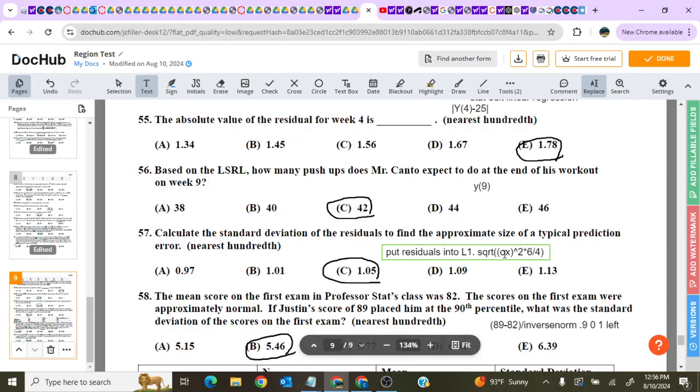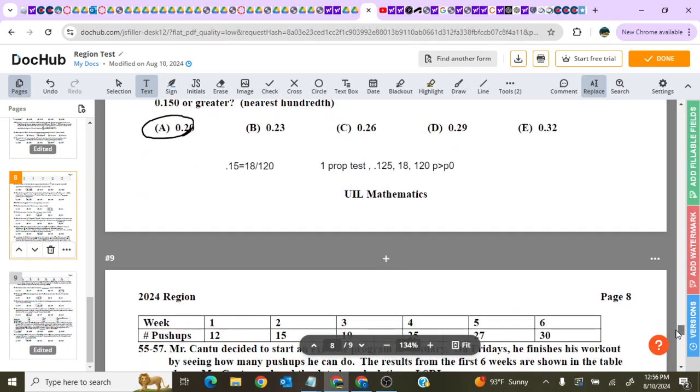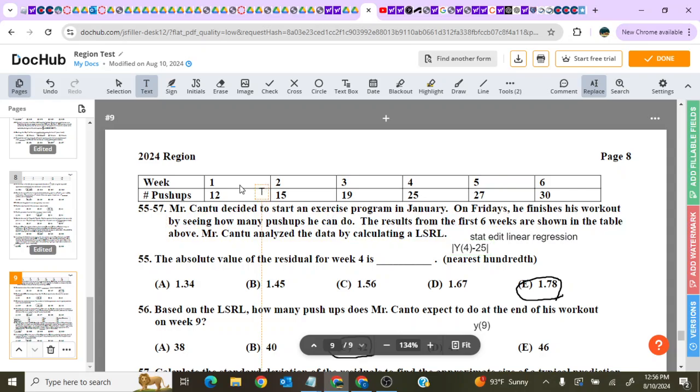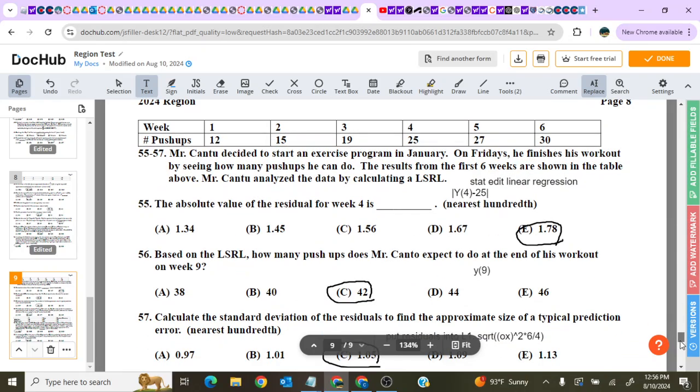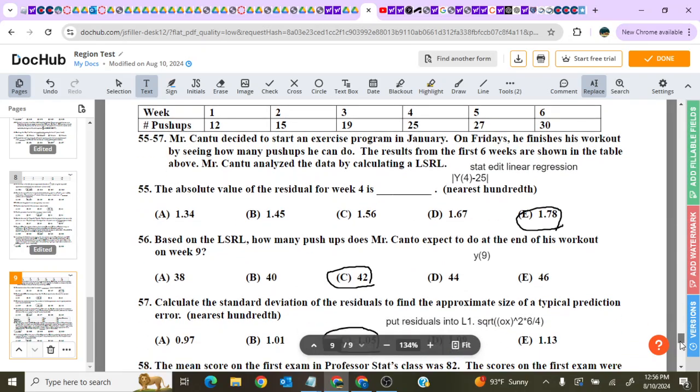Then once you have that, that's what happens when you divide it by the entire data set of 6. However, because both the X and Y are varying based on a least squares regression model, that's the easiest way for me to put it, you have to subtract 4 from what you're dividing by instead.